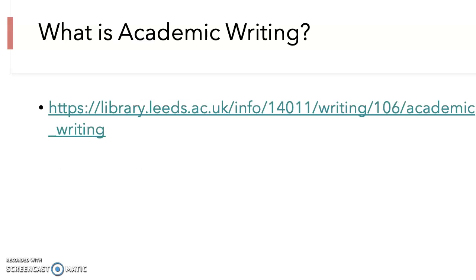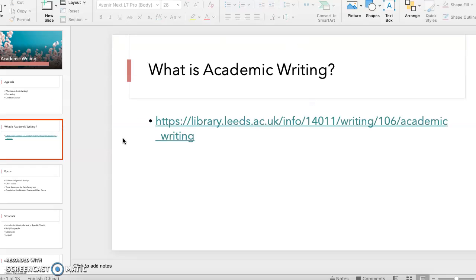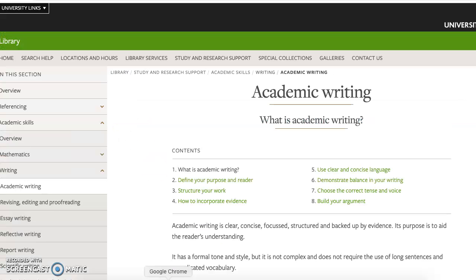So to start, what is academic writing? We're going to actually take a quick glance at a link that was given in your Unit 1 resources to highlight some of the important aspects of academic writing.